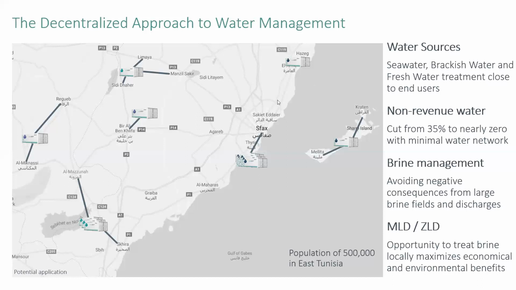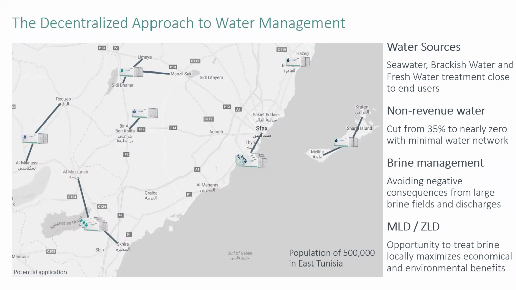I gave the example for wastewater treatment, and I want to note that this approach also applies to water supply. The general idea is local treatment of local water sources, like wells, brackish water wells, seawater desalination, river water treatment, whatever is available locally.